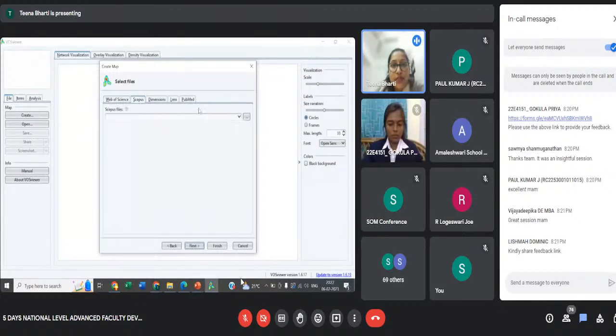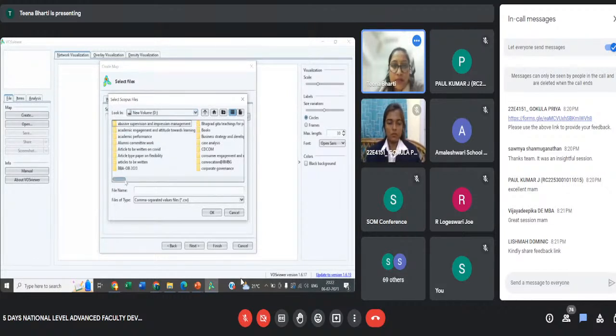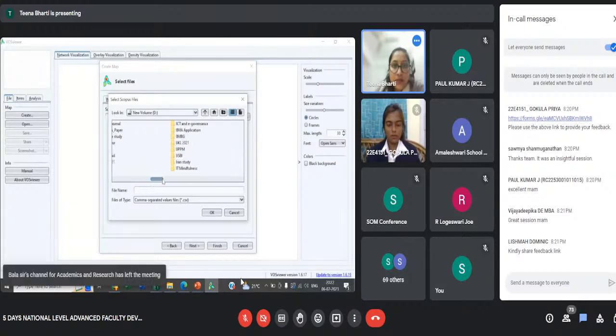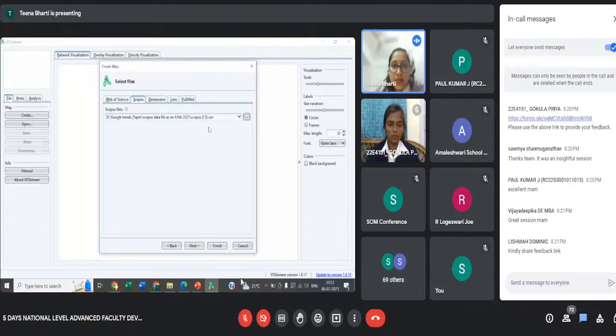I'll move forward. So there was a file. I've selected one data file.